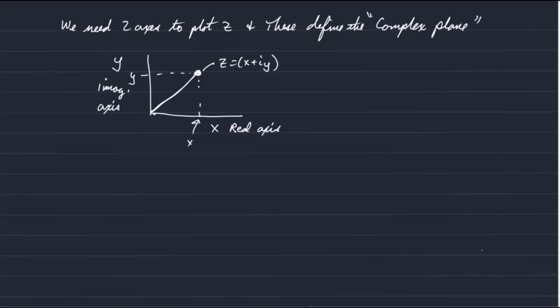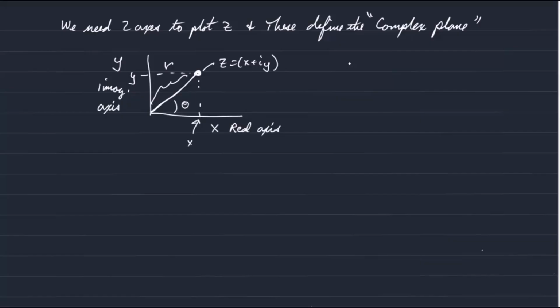And we'll talk about this later, but we can describe this coordinate also in terms of polar coordinates, where it has an angle theta from the real axis, and a length of r from the origin.